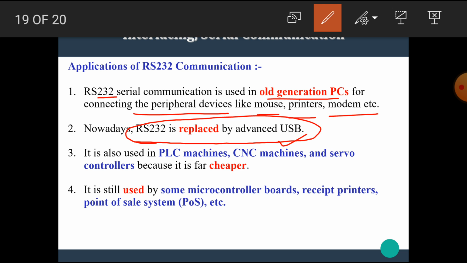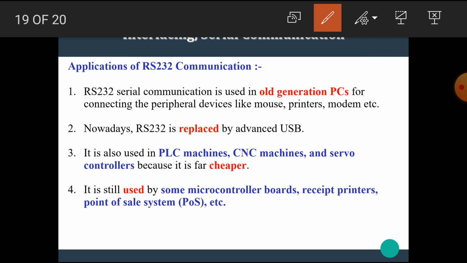It is also used in PLC machines, CNC machines, and servo controllers because it is far cheaper. Its cost is very low, hence it is used in heavy machines. It is still used by some microcontroller boards, receipt printers, and point of sale systems, that means POS systems, etc.